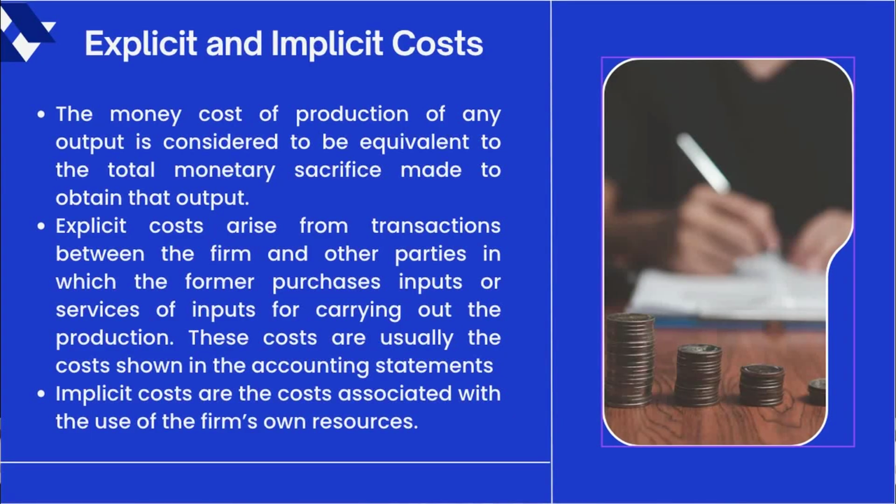Now, explicit costs arise from transactions between the firm and parties from which the firm would purchase the inputs or services for carrying out the production process. These costs are usually the costs shown in the accounting statements. So, this is what is explicit cost. And implicit costs are the costs associated with the use of the firm's own resources.